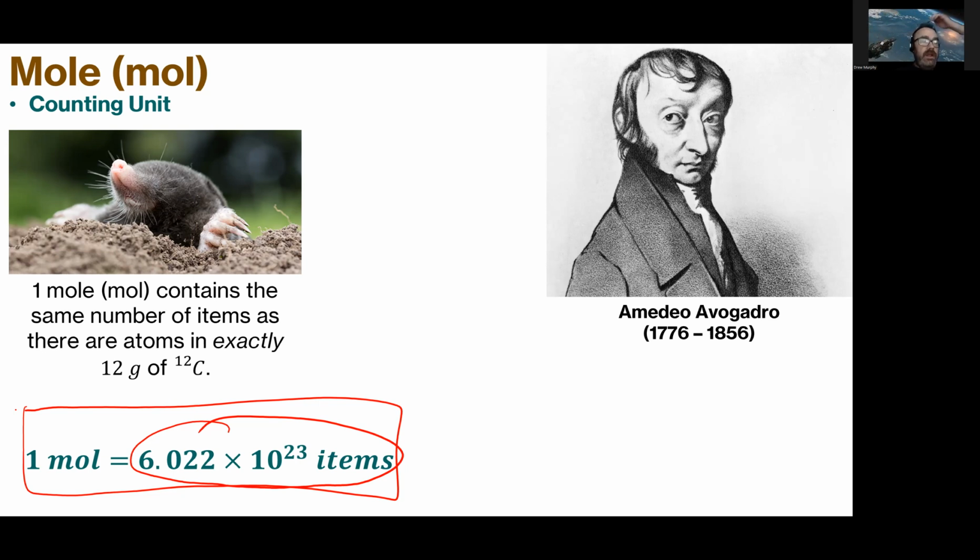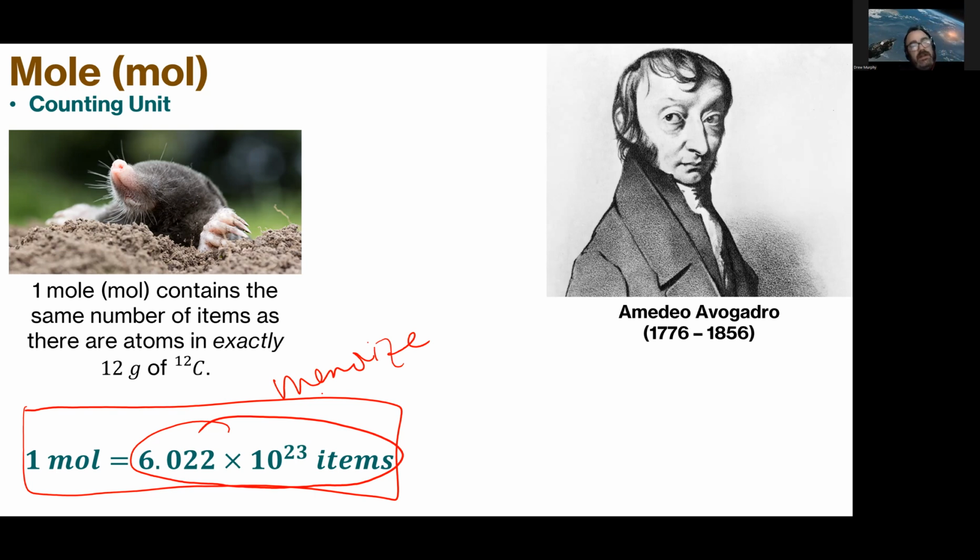This is only used for counting the number of things. There are times when we're going to ask how many atoms or ions there are, or you have this many atoms, how many grams is that? Then we're going to need Avogadro's number, but we don't always need it for everything. So let's dive into this in a minute. I want to make a note here: we want to memorize Avogadro's number, because you won't be given that.